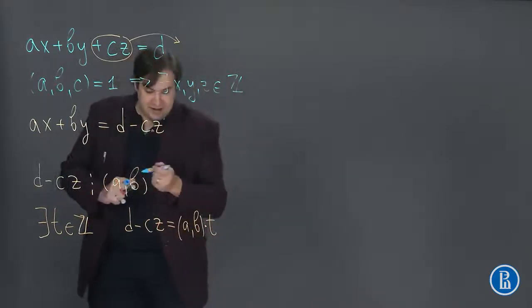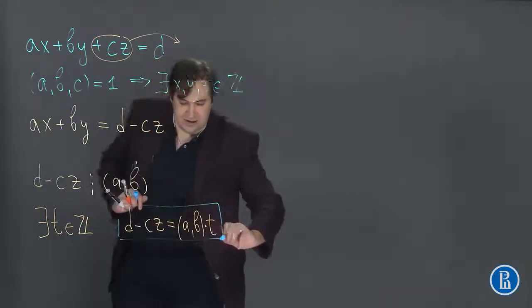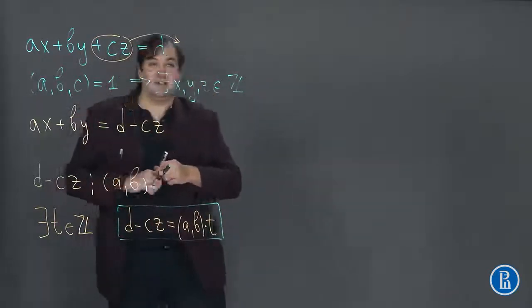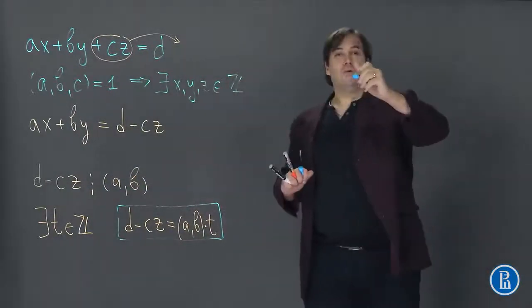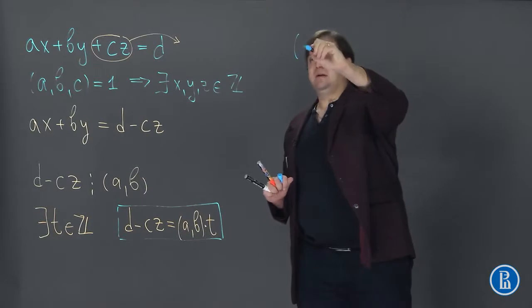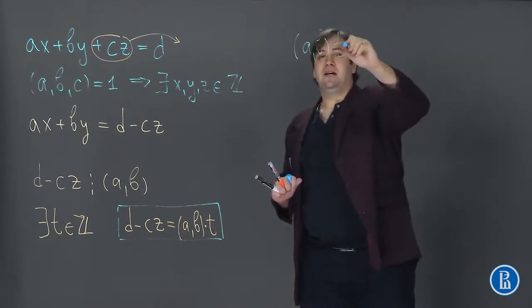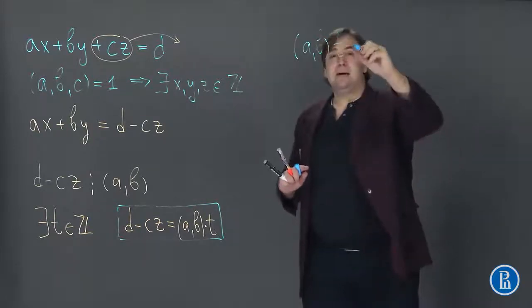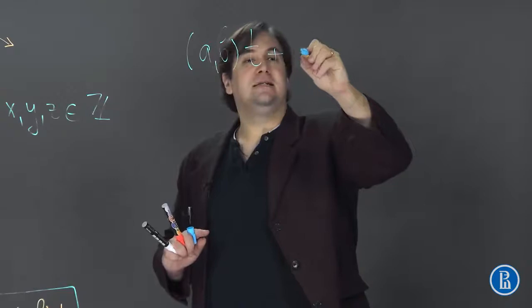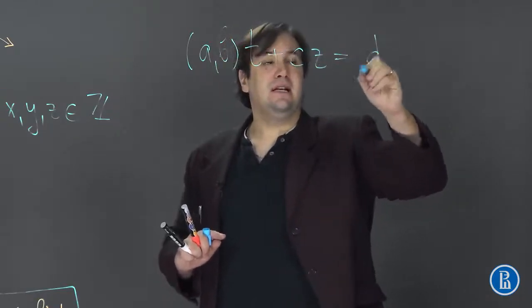Well, this equality here is actually just another equation. Let's write it in the standard form. The greatest common divisor of a and b multiplied by t, where t is one of the unknowns, plus cz should be equal to d.